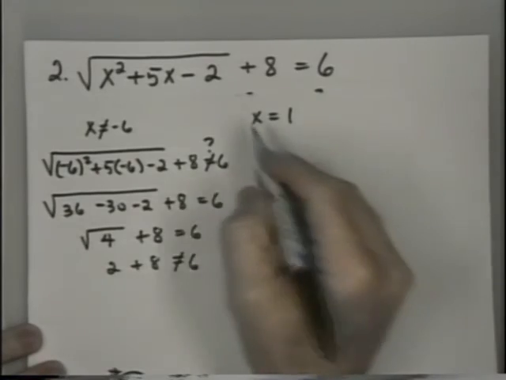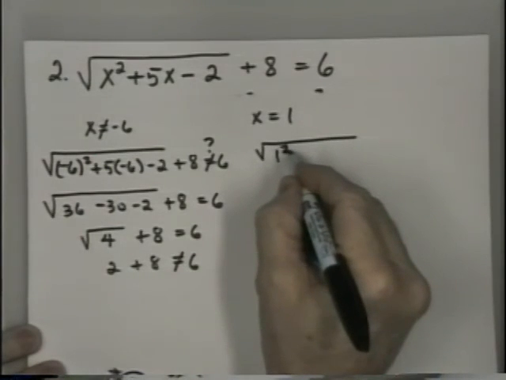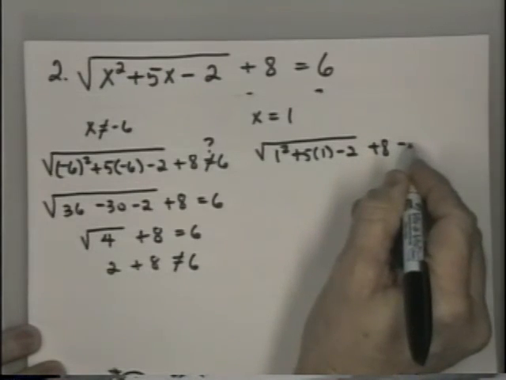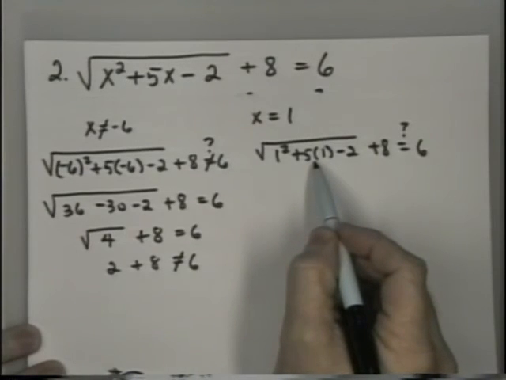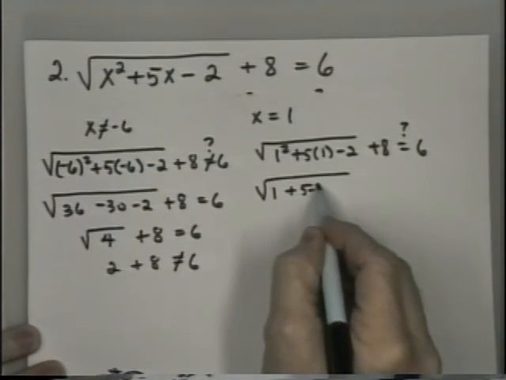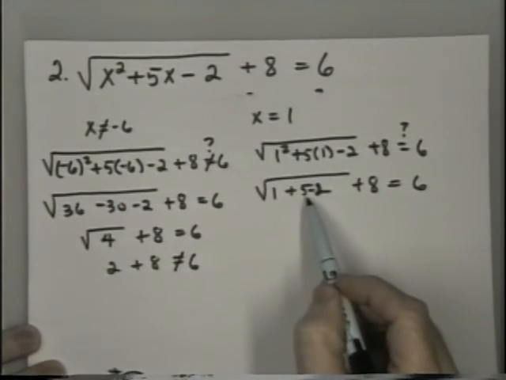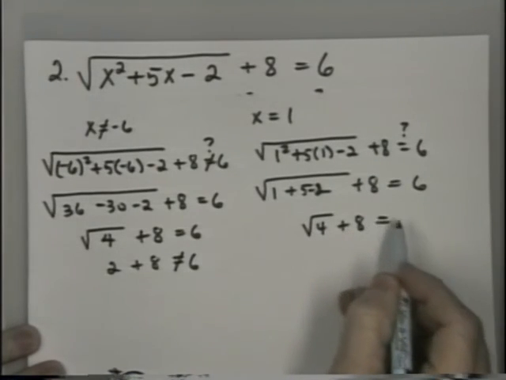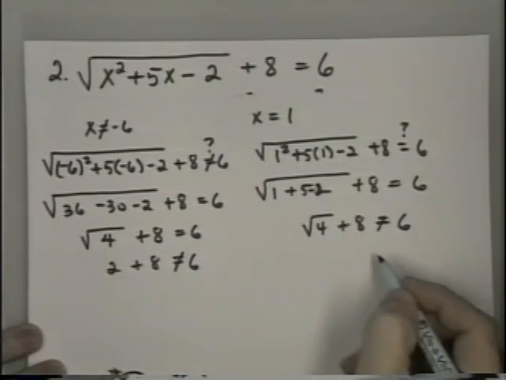How about 1? If you put 1 in here, squared plus 5 times 1 minus 2 plus 8, does that equal 6? That's the square root of 1 plus 5 minus 2, and 5 minus 2 is 3 plus 1, again we get 4 there, plus 8, and we already know again that's not equal to 6, so this fails as well.